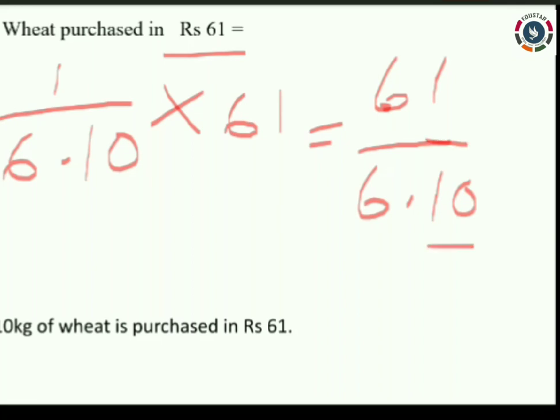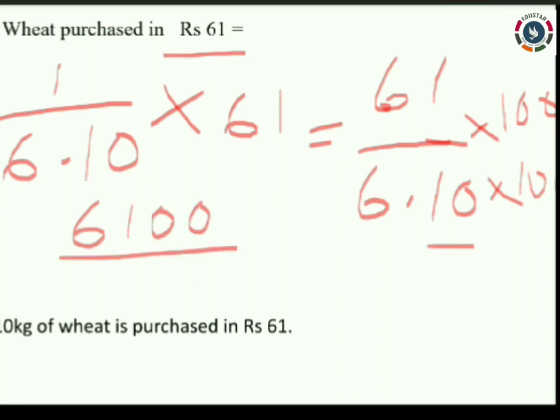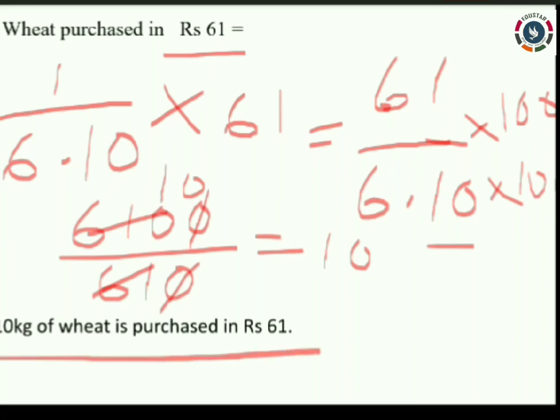Here you have two decimal places, so I am going to multiply both numerator and denominator by 100. You will get 6100 divided by 610. 0 and 0 cancel, 61, right? On cancellation you will get the answer as 10. So 10 kg of wheat is purchased for rupees 61.